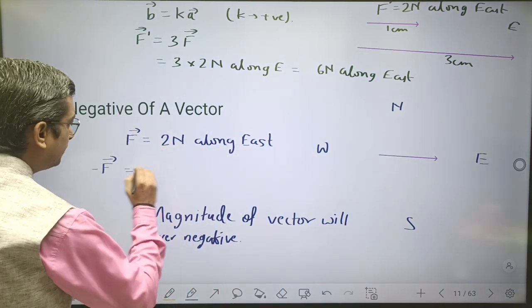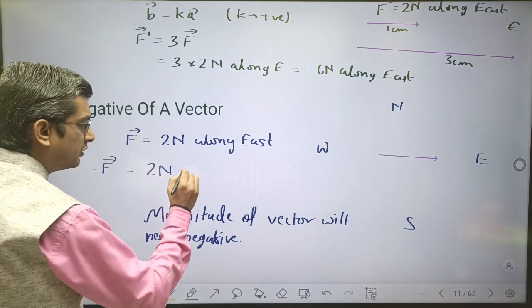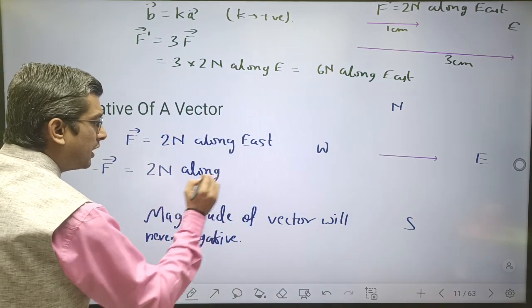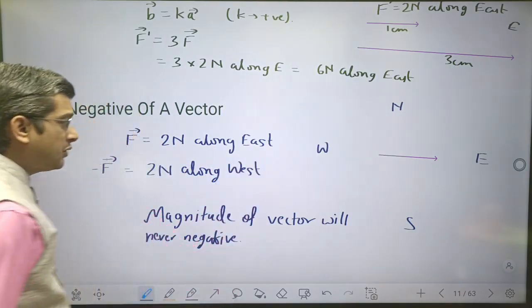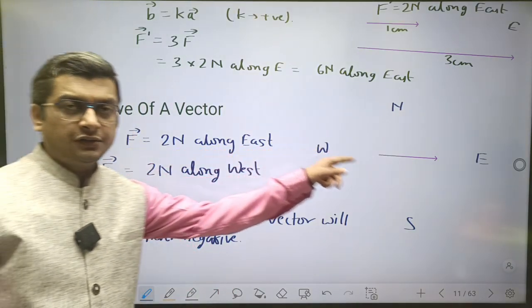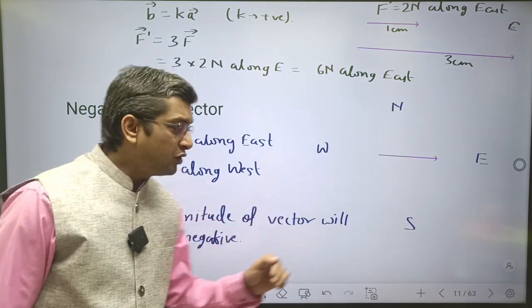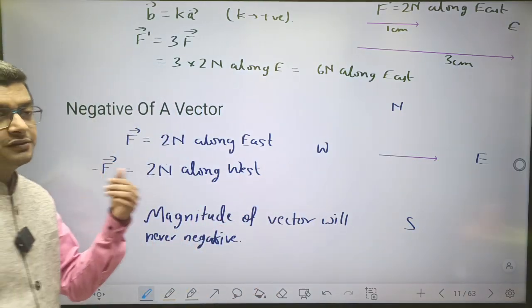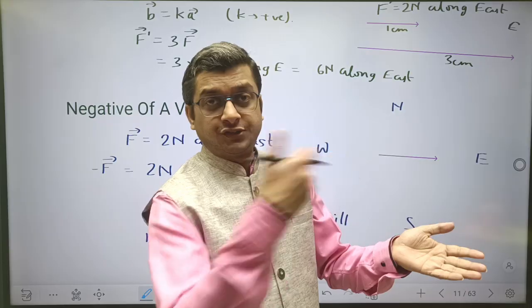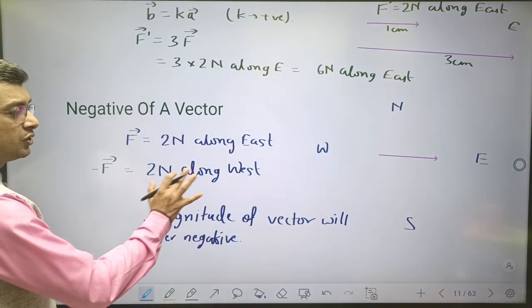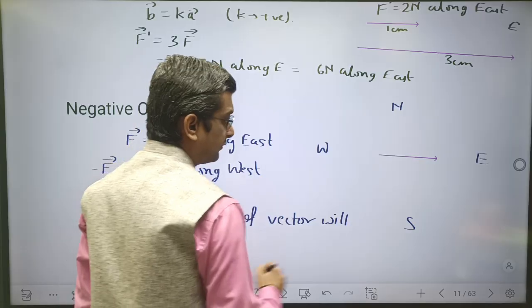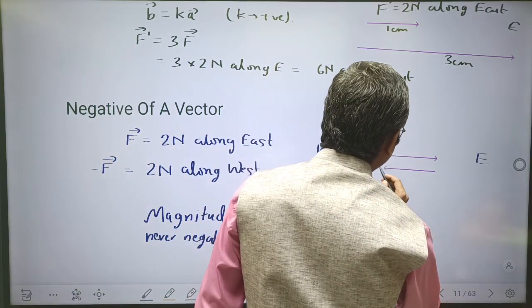So this minus F vector is actually 2 Newton along west. Why? Because if you take east as positive, then putting a minus sign means the direction gets reversed. So minus F vector is 2 Newton along west, and that will be represented by this one.